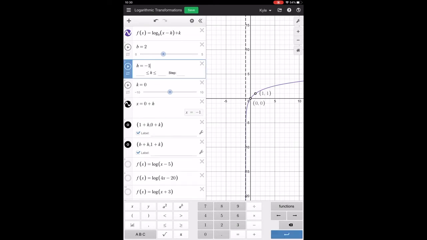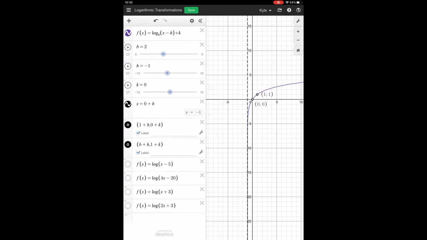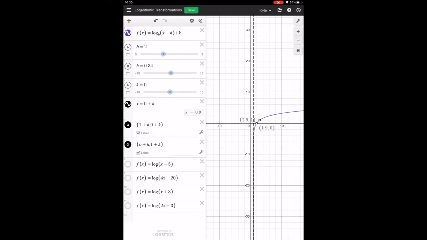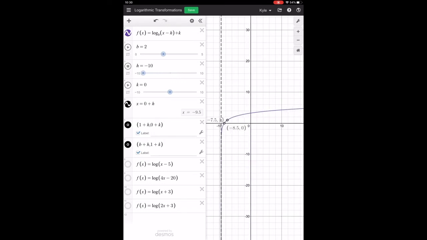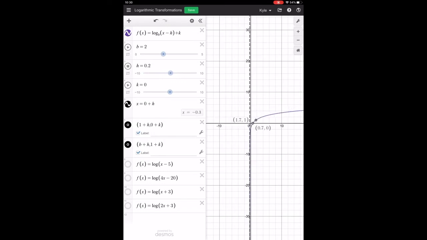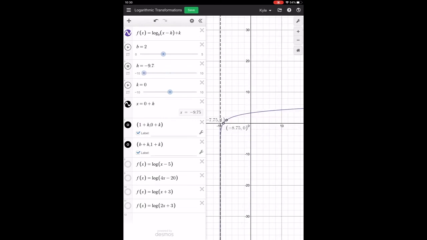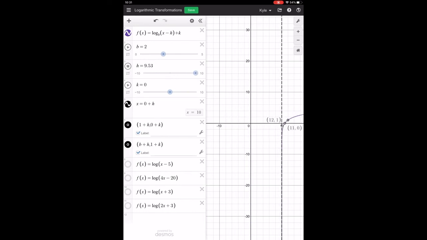This is not a new concept to us. In fact, let me hit play on this slider here. As we have done in the past, the same as when we were working with quadratics and vertex form, if you add or subtract values to x in the argument, you would shift the graph left or right.